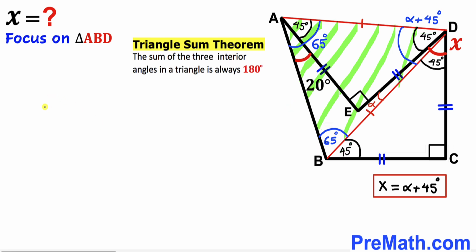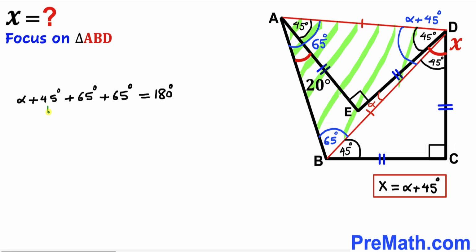So therefore I can write down alpha plus 45 degrees plus 65 degrees plus 65 degrees as well must be equal to 180 degrees.